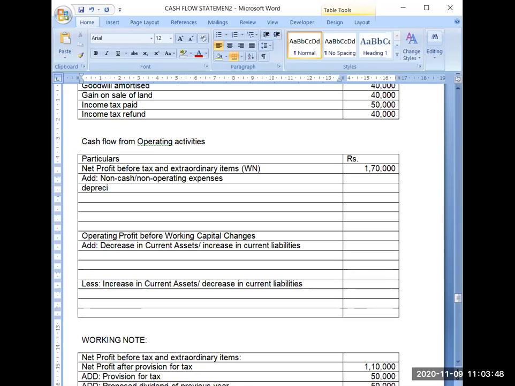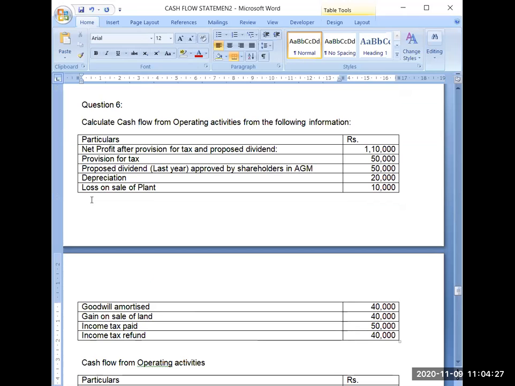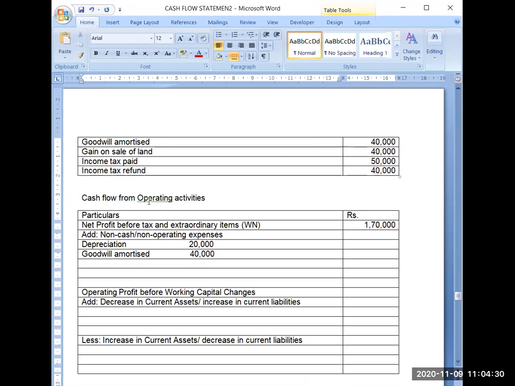Depreciation. This time you are getting these amounts in the question itself, but in future you will have to calculate these amounts also by preparing proper working notes, preparing some accounts, using some information given in the question. So that's why it needs a lot of practice. Goodwill amortized, or we can say goodwill written off, is 40,000. Now there is one loss on sale of plant, 10,000, that needs to be added.